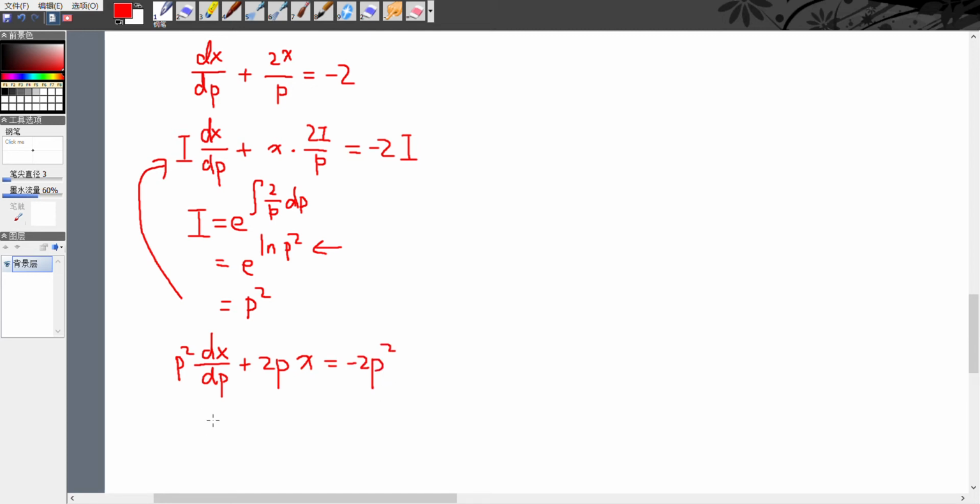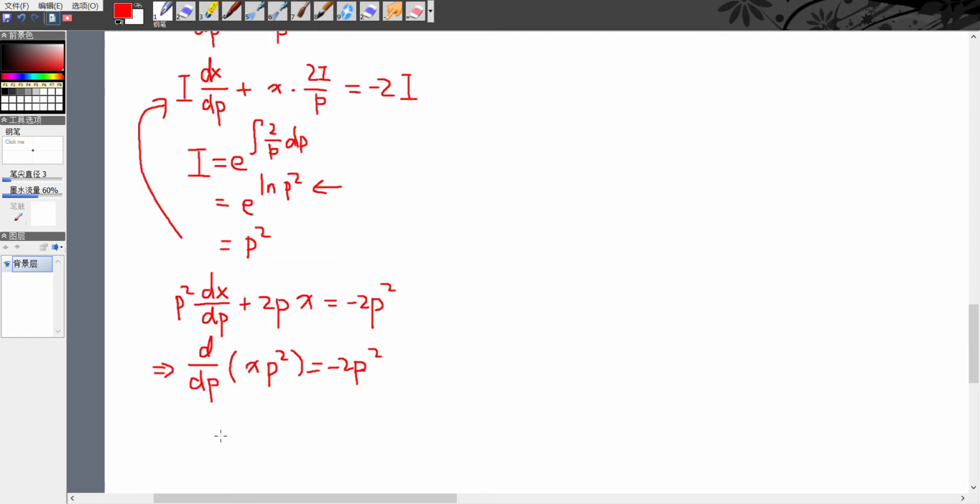And now we write d by dp of (x p squared) is equal to negative 2p squared, which is just another application of the product rule in solving a first order differential equation.